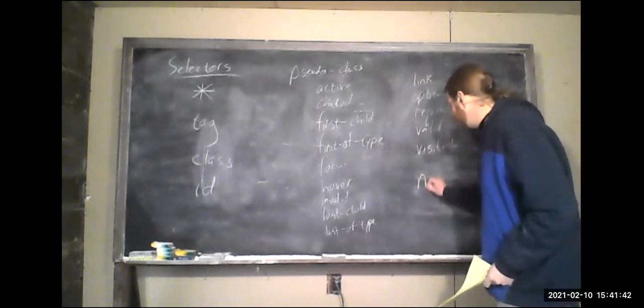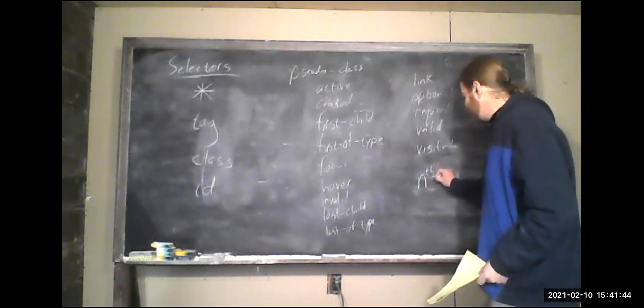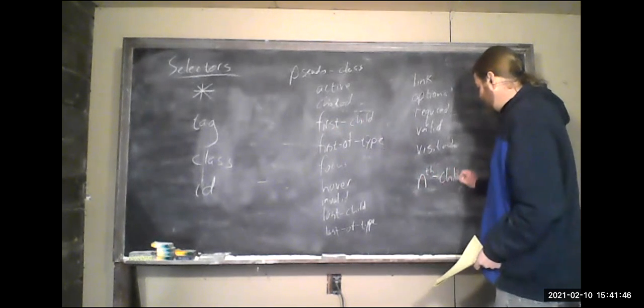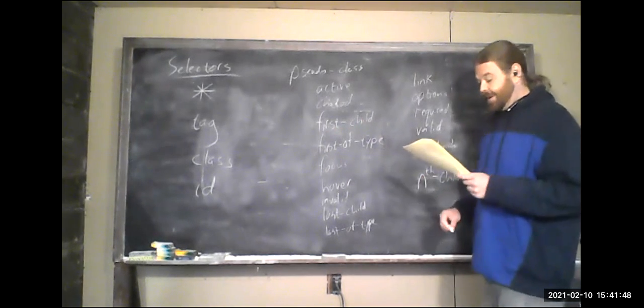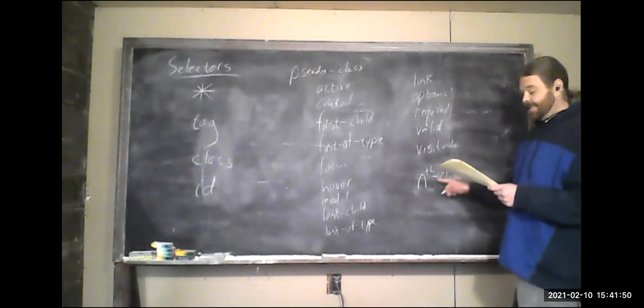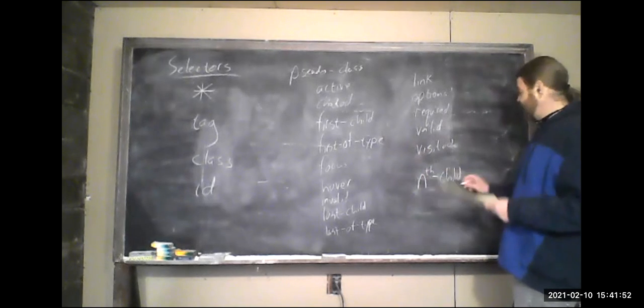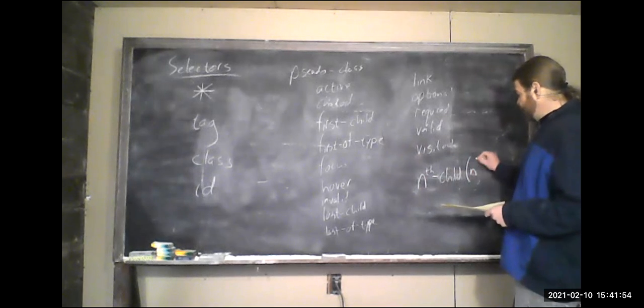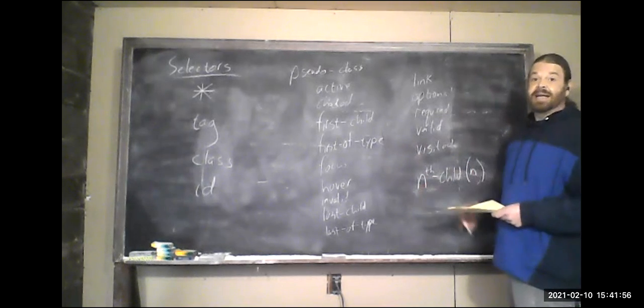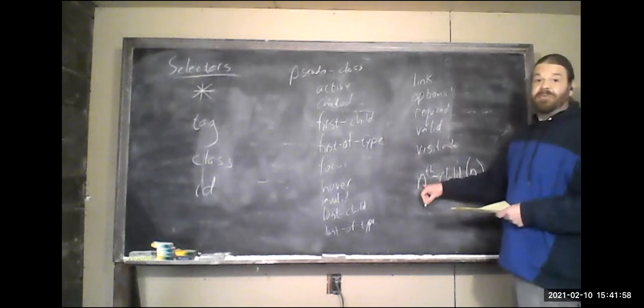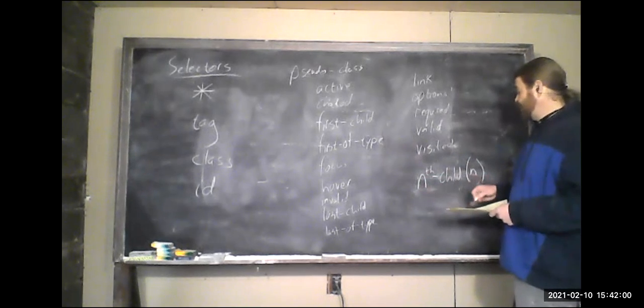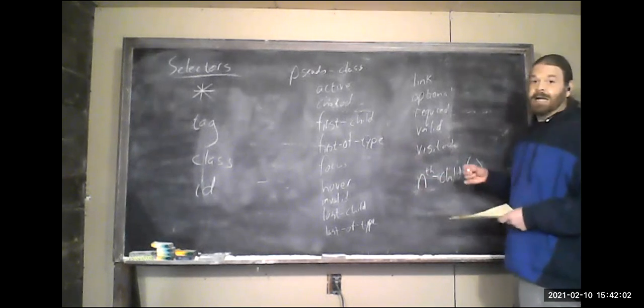We also have nth. So nth child, which would be nth dash child, and then in parentheses, we put a number for which one it is. So like the fifth, we'd put a 5 here. Or the third, we'd put a 3 there.